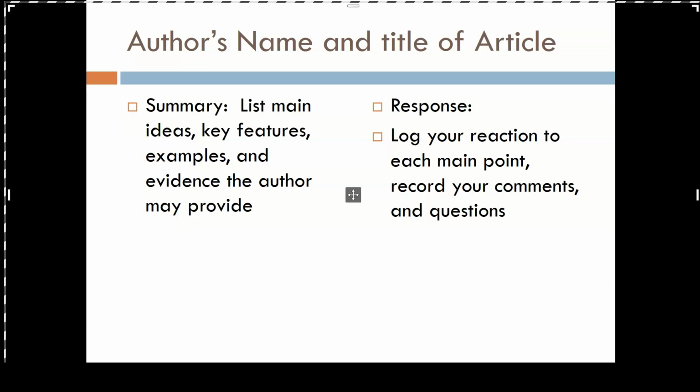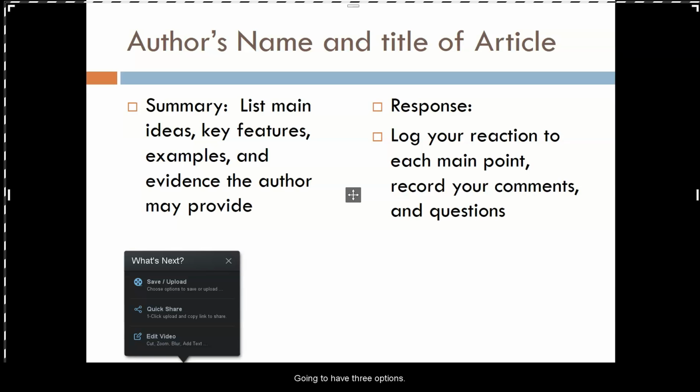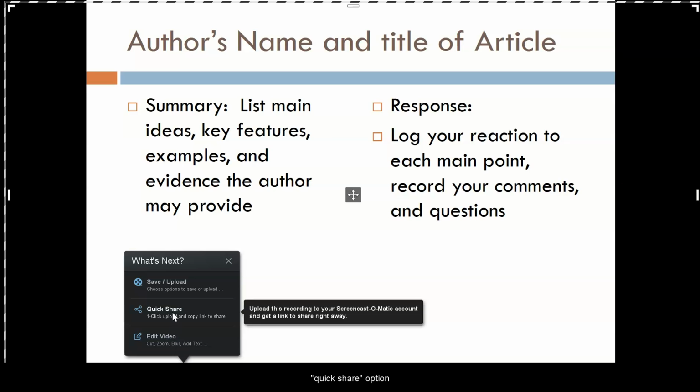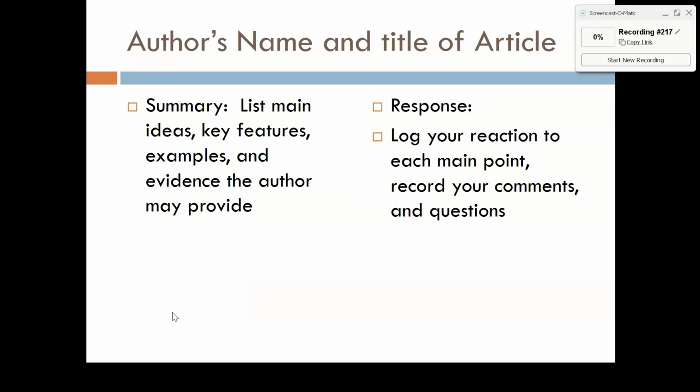You can click the Done button, and when you do that, you're going to have 3 options, and you want to choose the Quick Share option here in the center of the palette. When you use Quick Share, Screencast-O-Matic creates an instant link to that video, and that video will be posted online on the Screencast-O-Matic site.